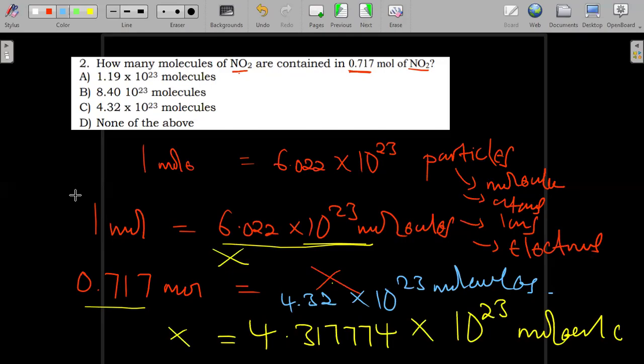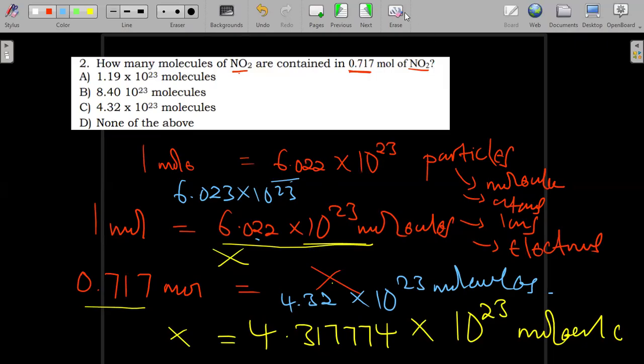Yes, it's just a slight difference. You can use either 6.022 or 6.023, times 10 to the power 23. It won't make a difference. If you use this or this, the answer will still be the same. All right, sir. Thank you.